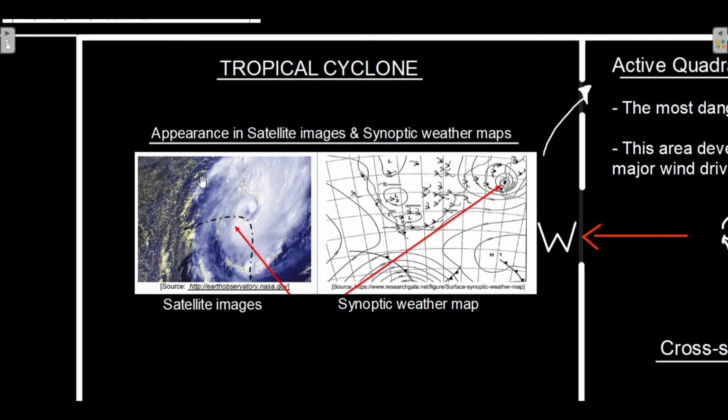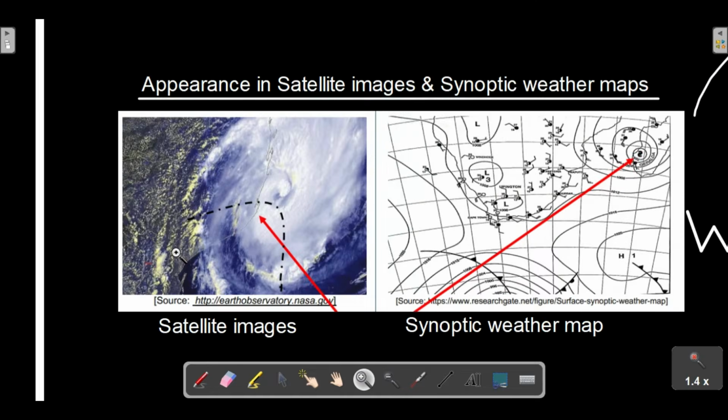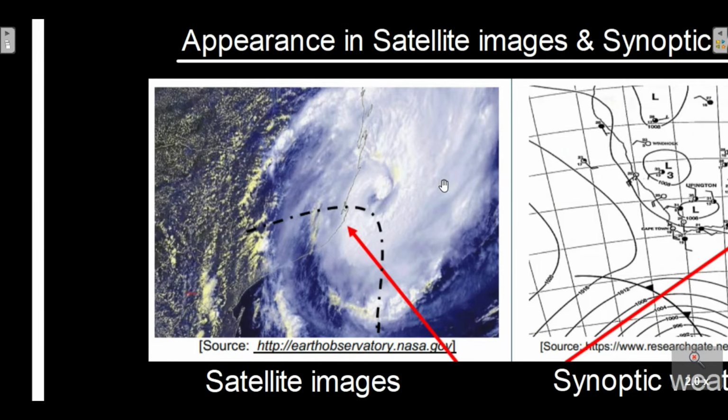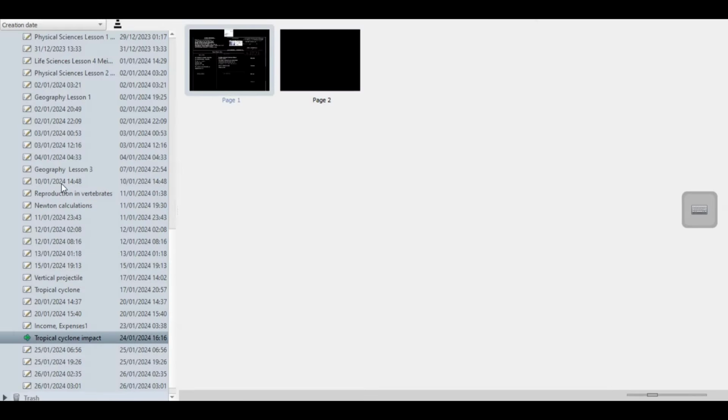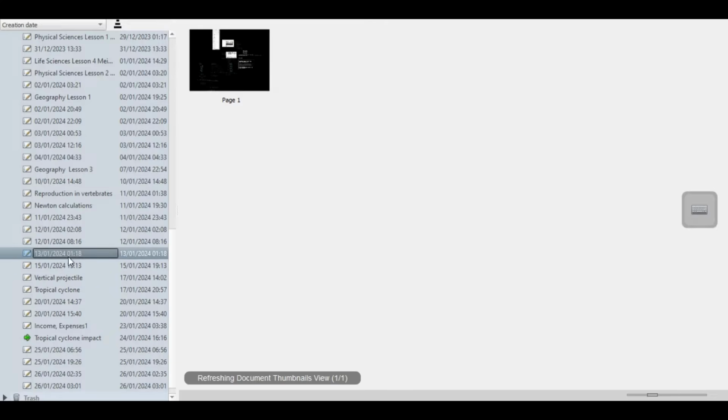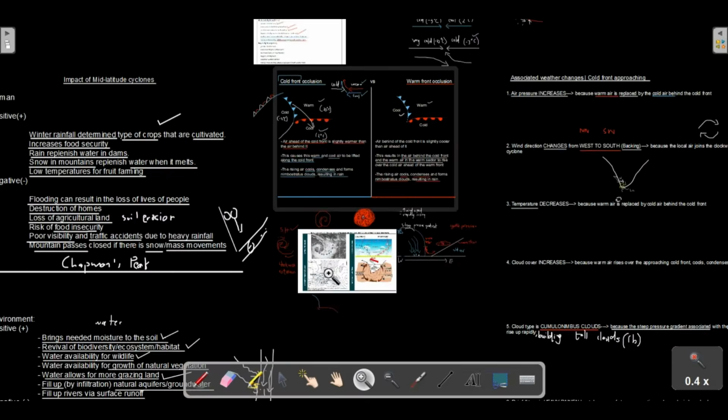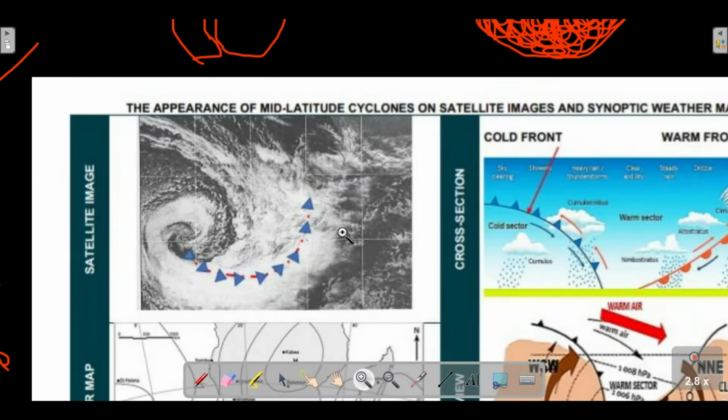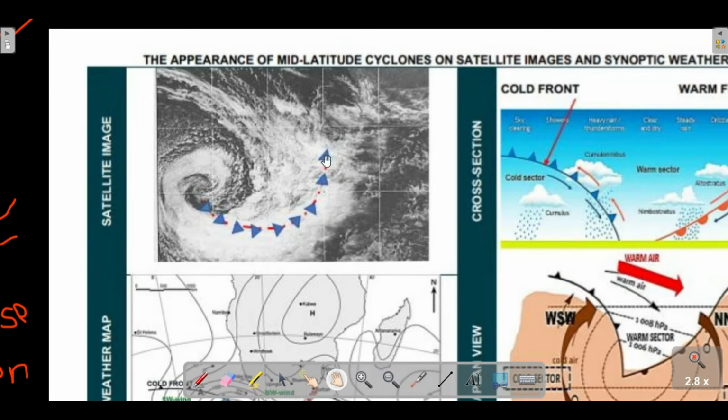Looking at this, we can clearly see that in satellite images, the tropical cyclone shows a band of clouds. If we compare it to a mid-latitude cyclone, you can clearly see the difference.